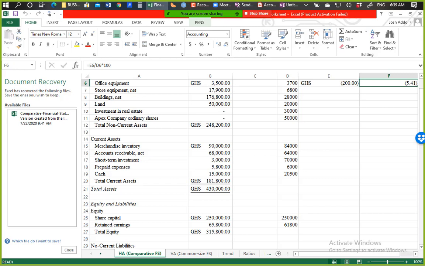Specifically, we talked about what is referred to as horizontal analysis. We also talked about vertical analysis. And we demonstrated how these tools are used to give us the information we want. It is expected that you will go over them.